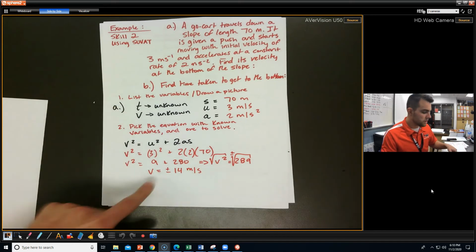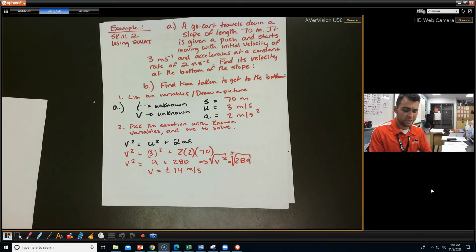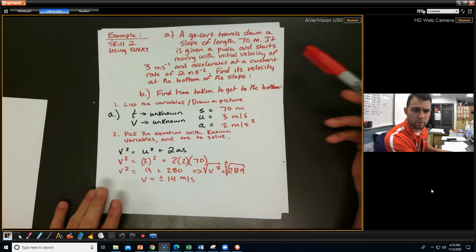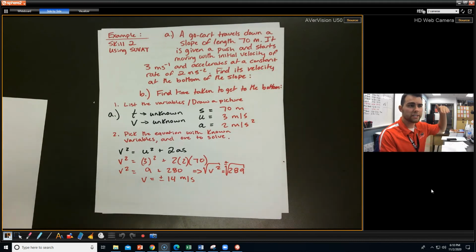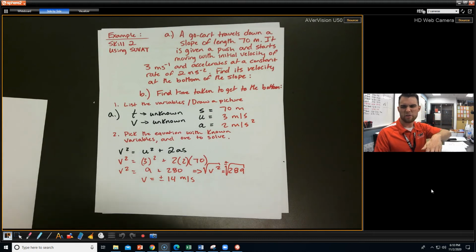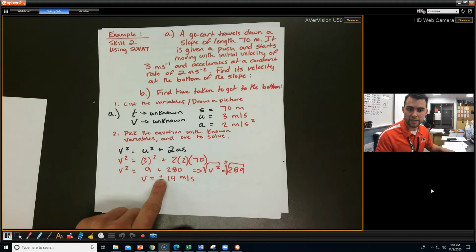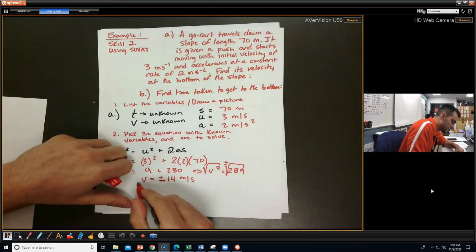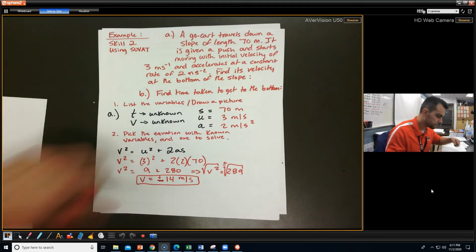Now, we have 2 answers. That doesn't really make sense. But let's think about this for a second, okay? So now this is where context really comes in handy. It's given a push, it starts moving with initial velocity, and it's going down a slope. Is it going to end up slowing down or going the other direction, the negative direction? No, it's not. It's going to speed up to 14 meters per second. So we don't need the negative. We only need the positive 14 meters per second.